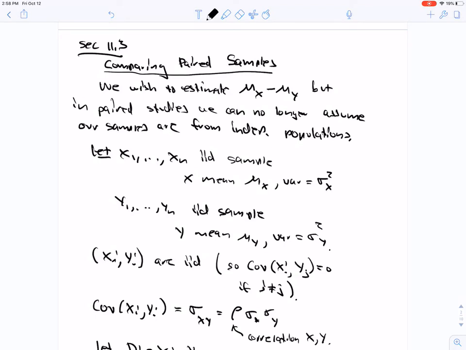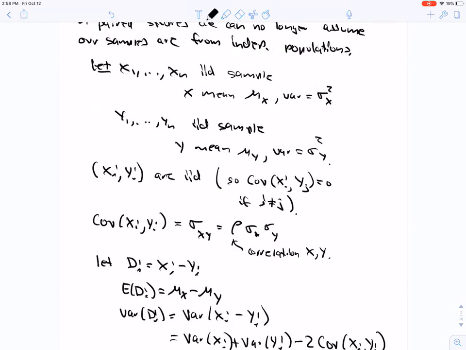So we can no longer assume that our samples are coming from independent populations. So X1 to Xn, Y1 to Yn, same sample size. And we think of Xi, Yi as a pair, IID. So the covariance of Xi, Yj is 0 for i not equal to j.